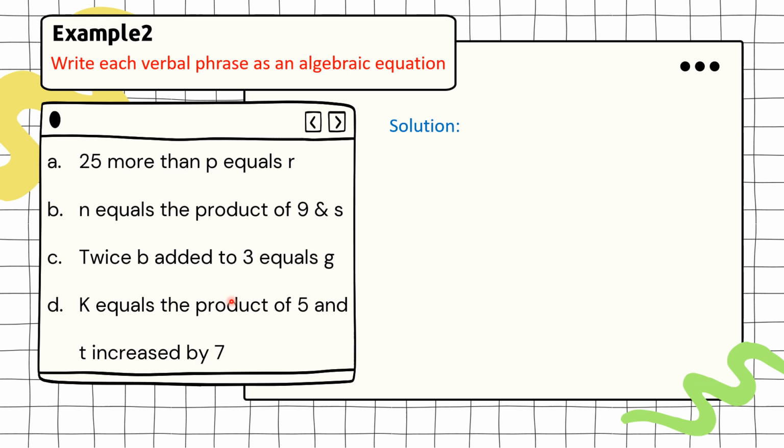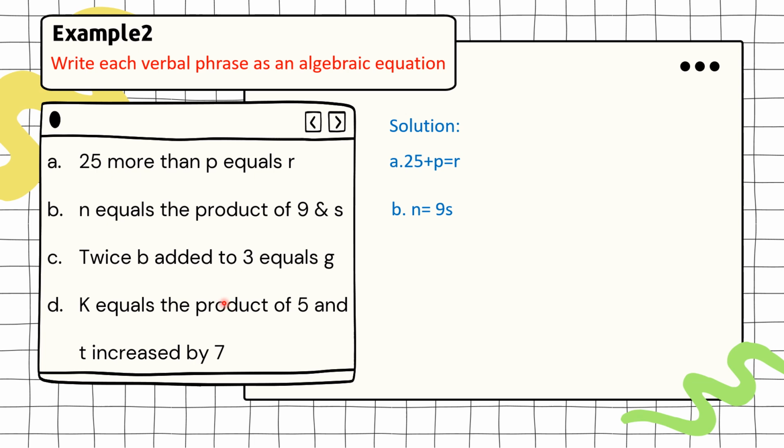Excellent, my champions. 25 more we can convert into plus. 25 plus B equals R. Now, N equals the product of 9 and S. The product of is what? It is 9 multiplied by S.